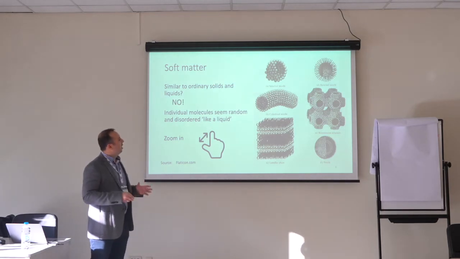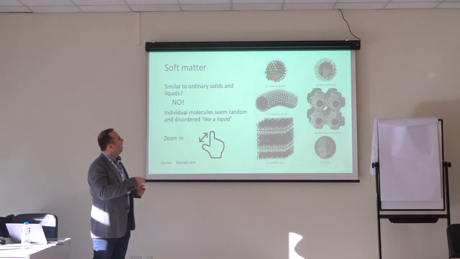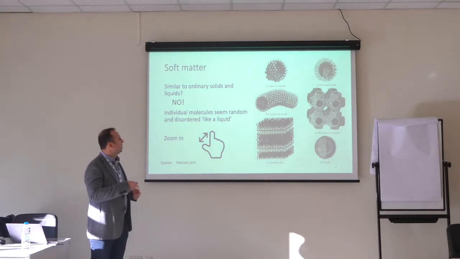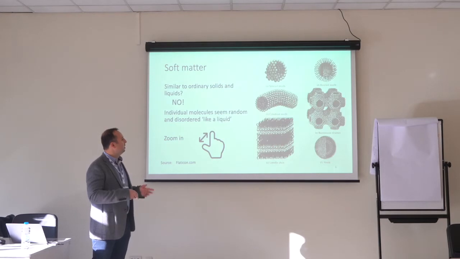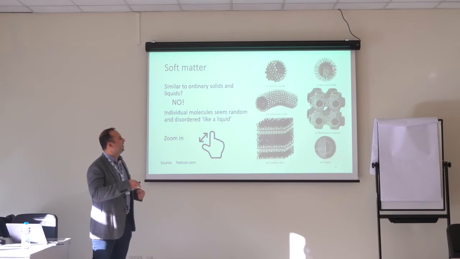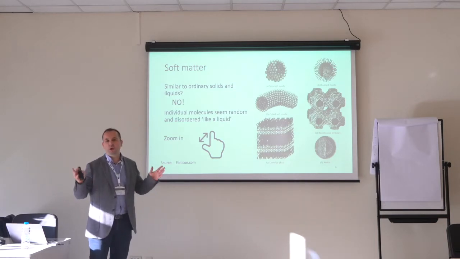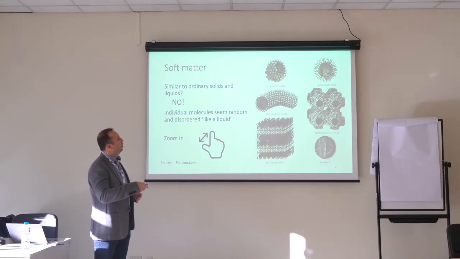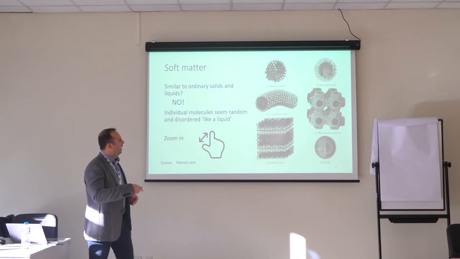These building blocks might be spherical micelles, cylindrical micelles, or lamellar phase. As you increase the concentration, you end up first with spherical and cylindrical micelles and lamellar phase, and when you still increase the concentration of, for example, a block copolymer in a solvent, you end up with reverse micelles.